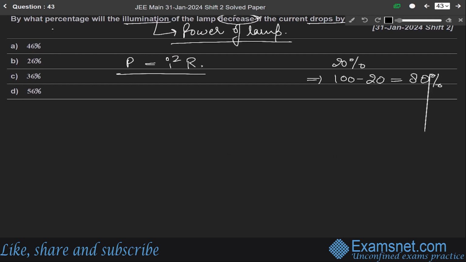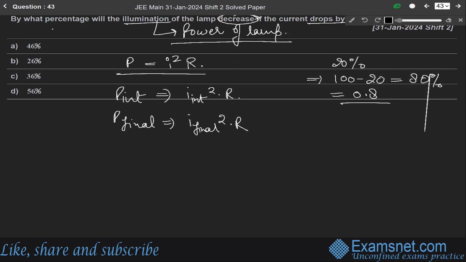80% means 0.8. Now P initial. Initially the power is, let us say, I initial square into R. And P final is I final square into R, and I final is the remaining, 0.8.